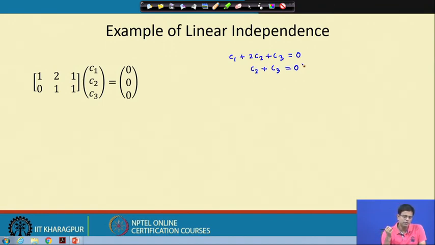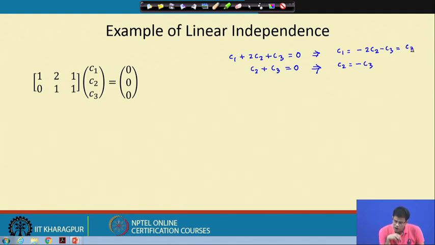So here, if you look carefully and solve it, C2 is essentially minus C3. Now C1 is essentially minus 2C2 minus C3. If I substitute C2, it is minus 2 times minus C3 minus C3, so essentially it is C3.